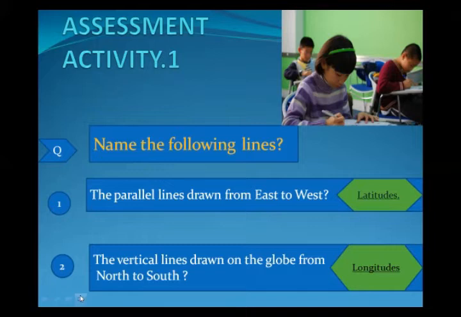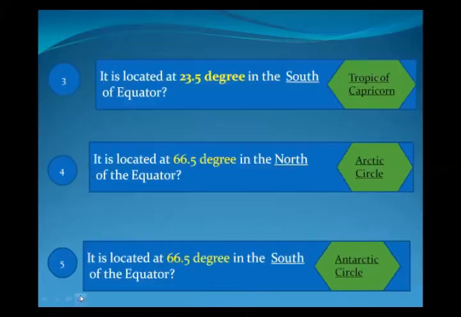Yes, the parallel lines drawn from east to west are called latitudes. And the next one is the vertical lines drawn on the globe from north to south. These are called longitudes.